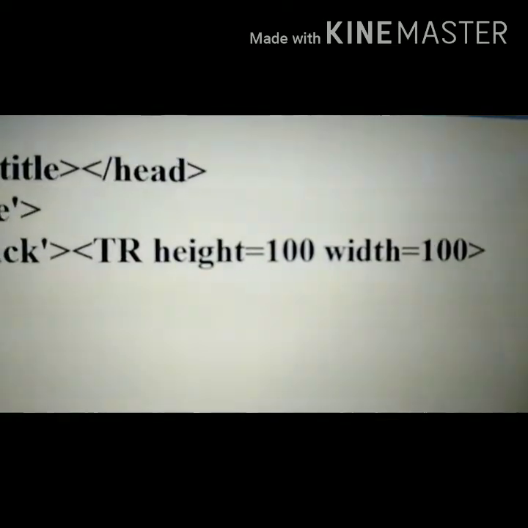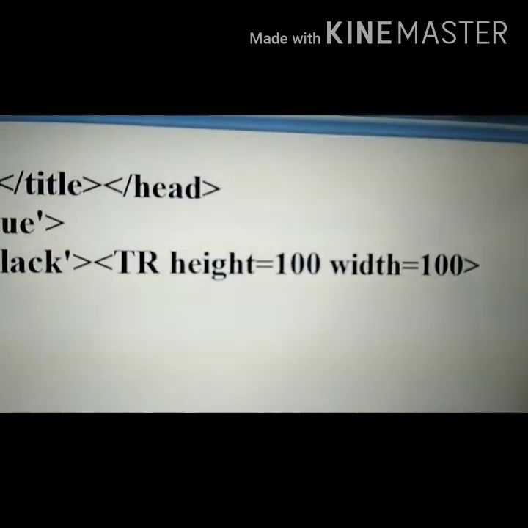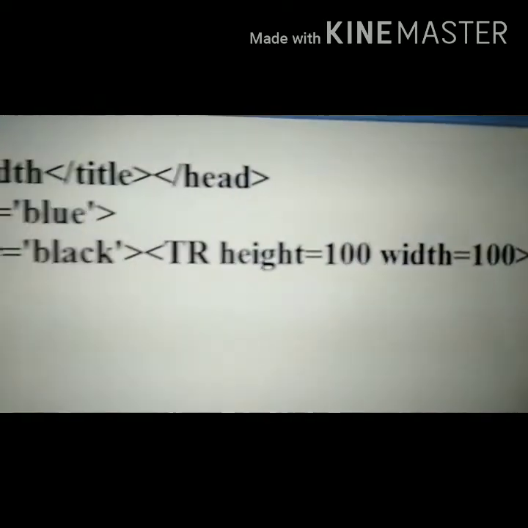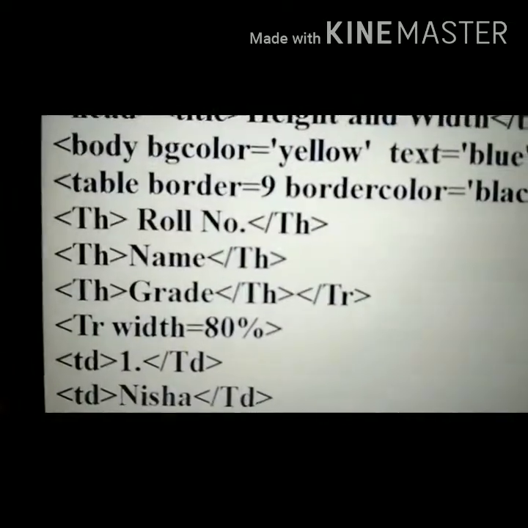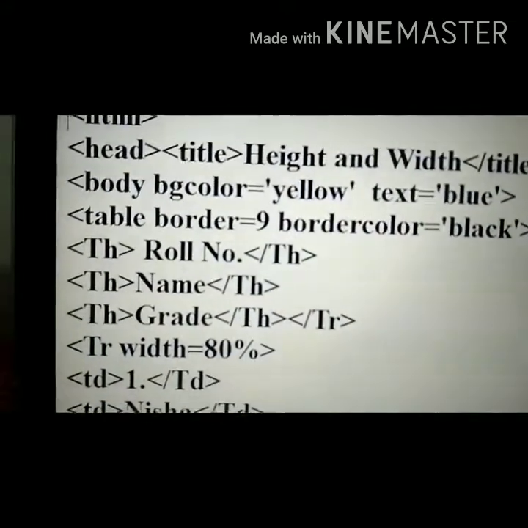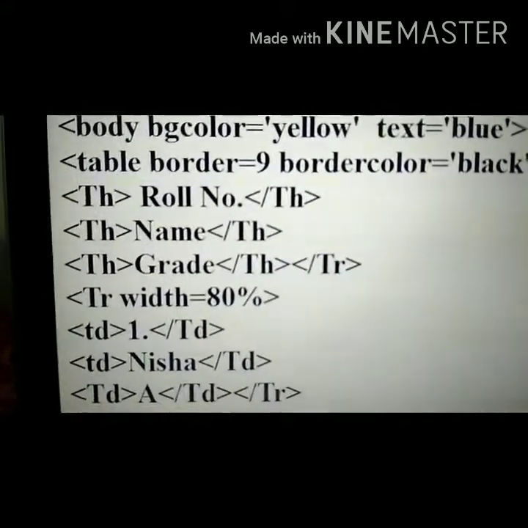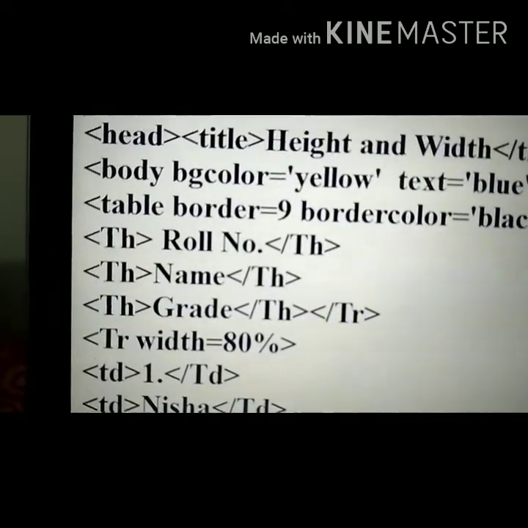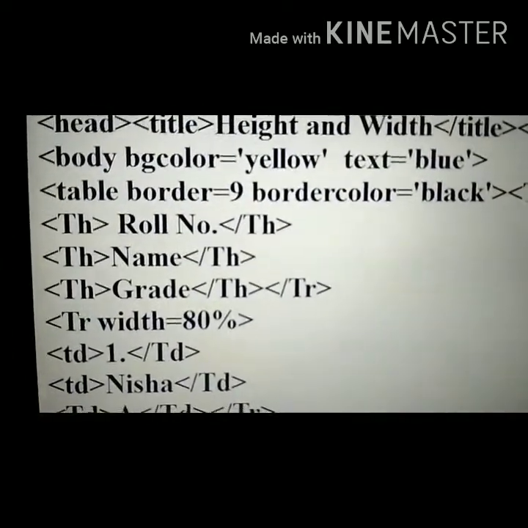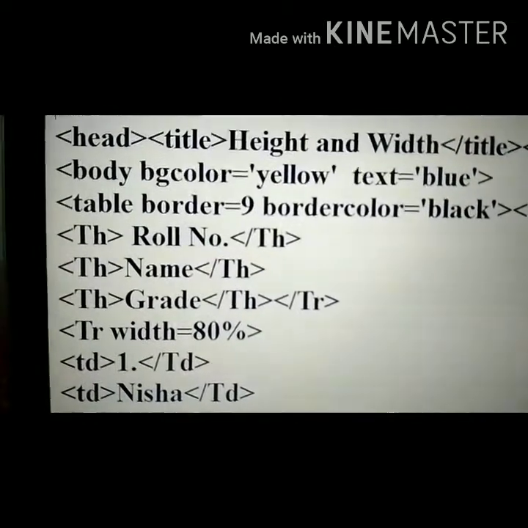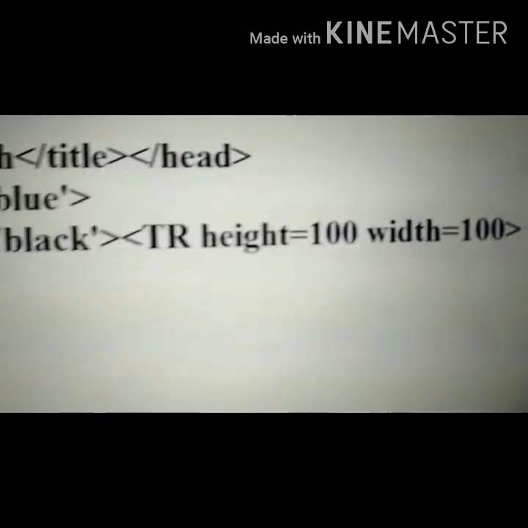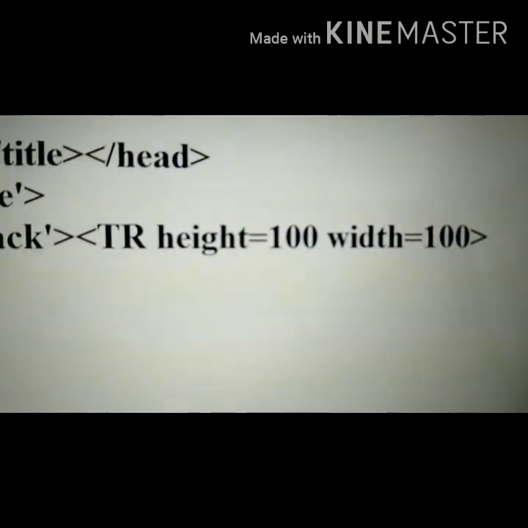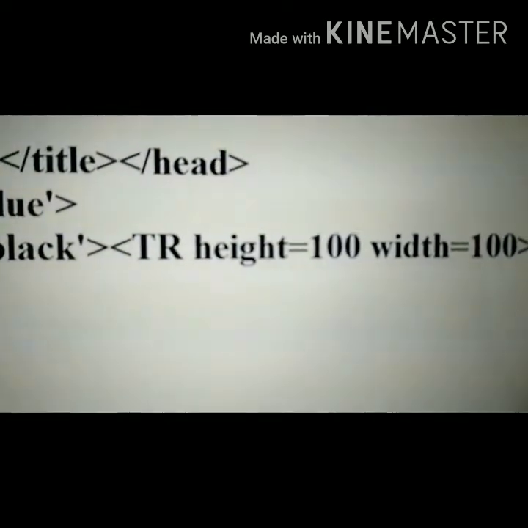That means this height and width is going to be applicable for this table row only. My table should have 3 columns, that is roll number, name and grade. And whatever this row is there, where roll number, name and grade are written, to this particular table row only this height and width is going to be applicable.